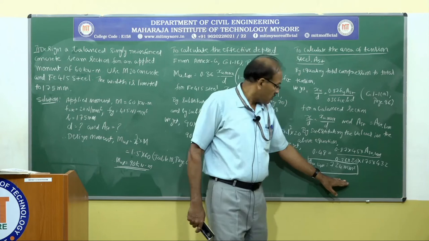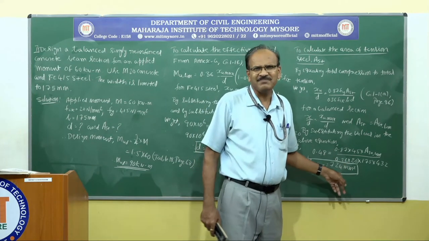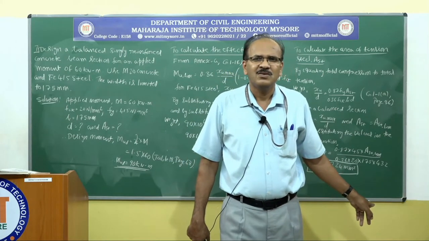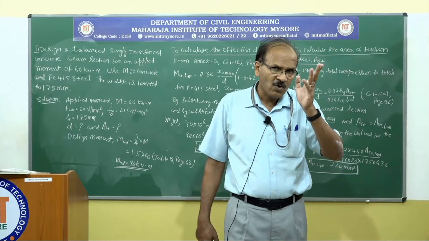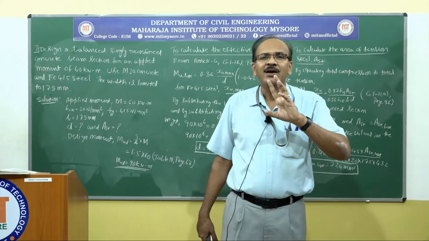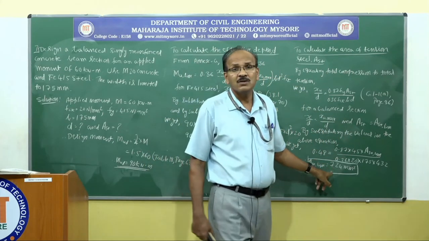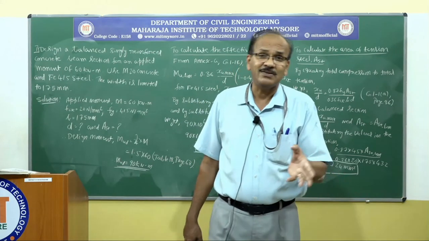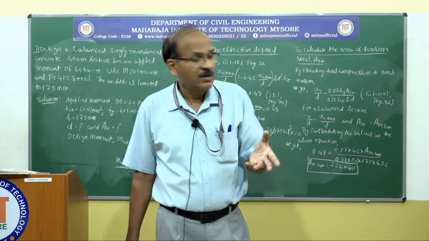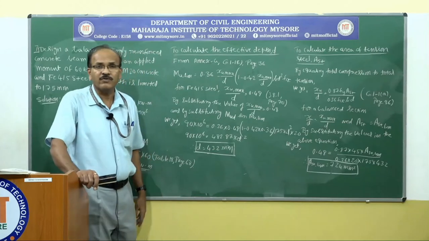So this comes to around 3.5 nearly, but we cannot provide 3.5 bars, so we can only provide 4 bars. Once you provide 4 bars, it is going to be 804 millimeter square, which is greater than this. Then the section will be out of balance. It will not be a balanced section. Theoretically, yes, these are the values for a balanced section.